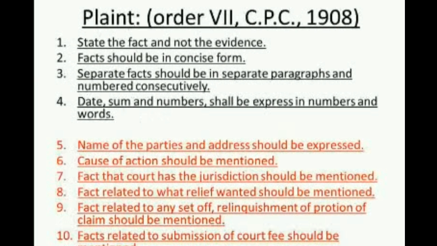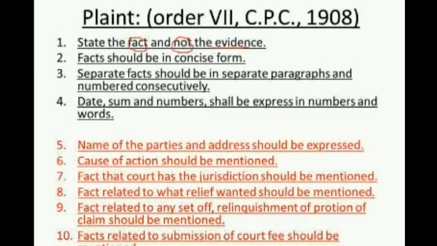First of all, in plaint, state the fact and not the evidence. The fact is so important. You should not suggest in your plaint what evidence there is on which you prove the fact.